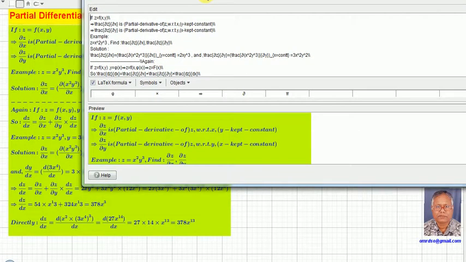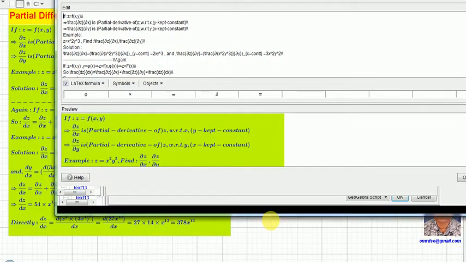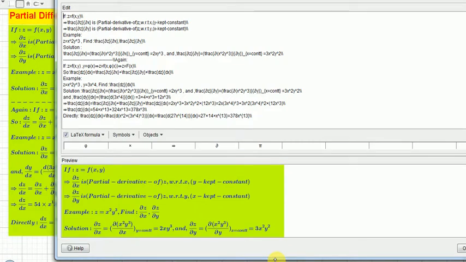Again, I am making it correct. Example: here I have the solution. Just a minute.